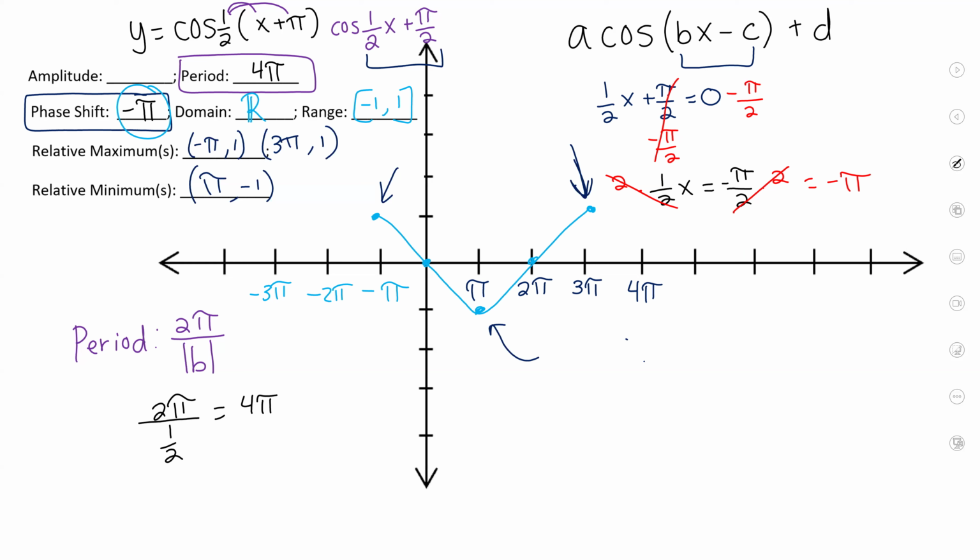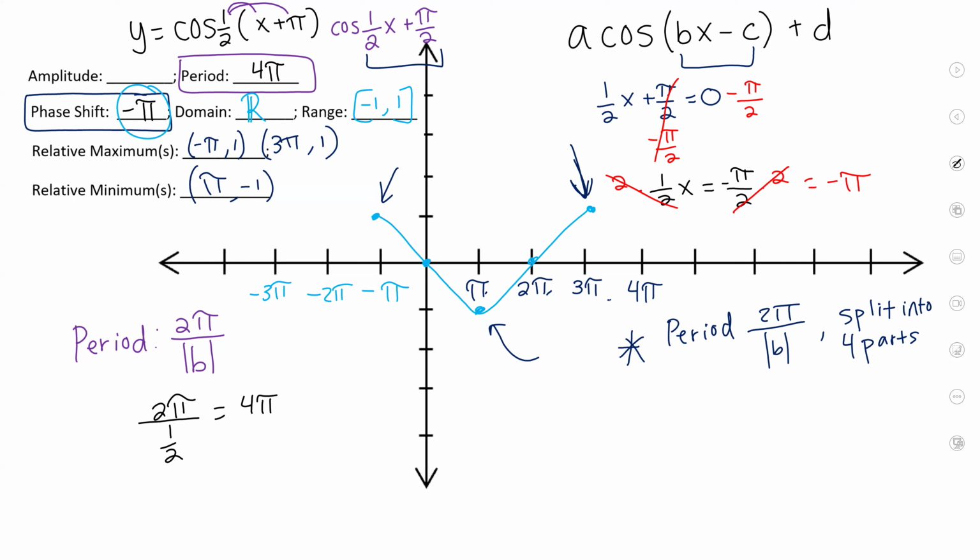So let me recap real quick. To find the period, you do 2 pi over the absolute value of b. Once you find your period, you want to split it into 4 parts. So I knew my period was 4 pi, so split it into pi, 2 pi, 3 pi, 4 pi.